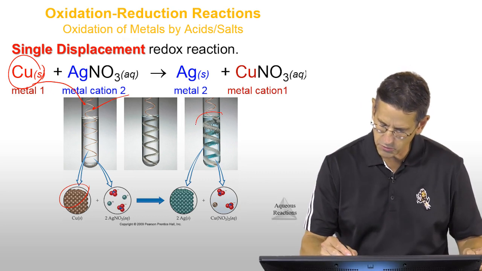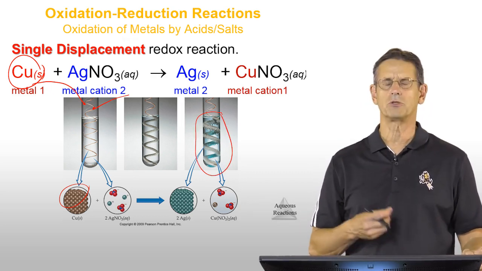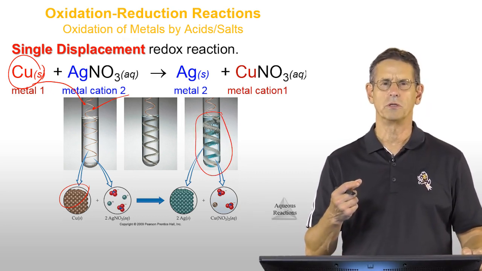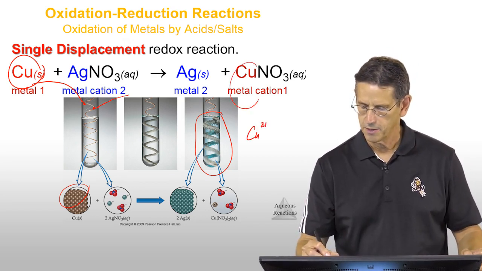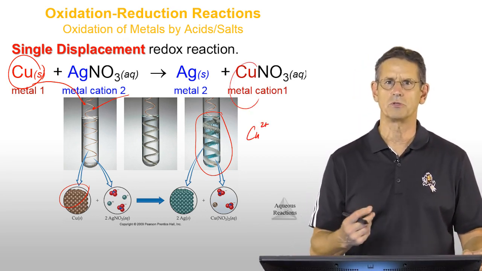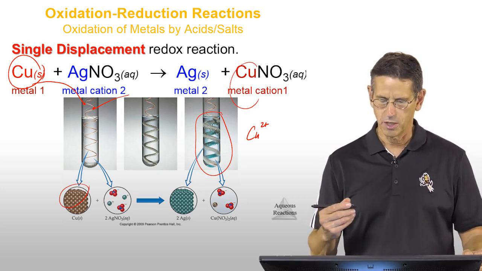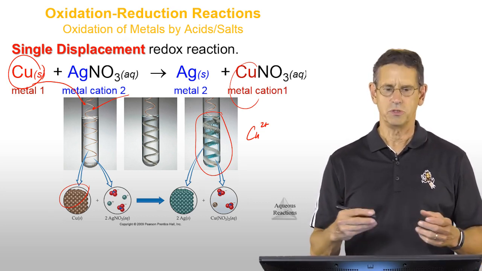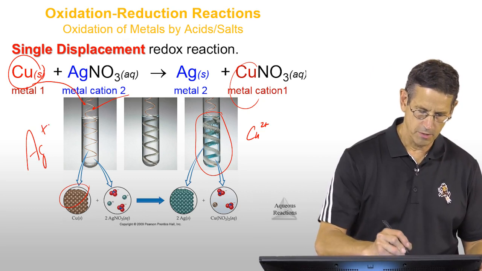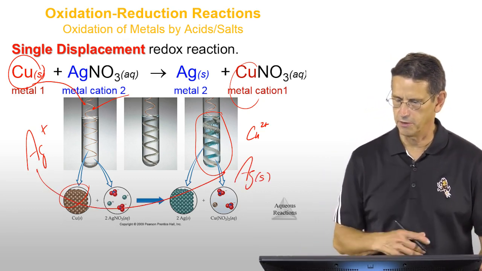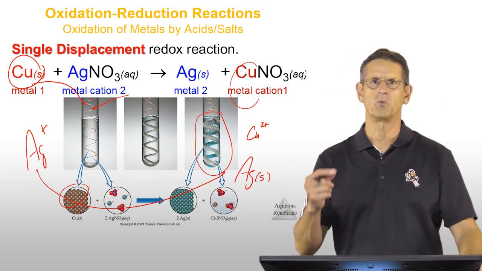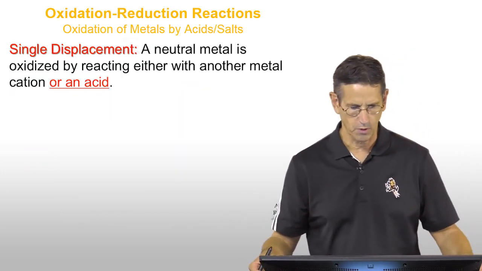And you also notice, somewhat faint, but the solution has turned a sort of light blue. And what is that from? Well, it's from the copper cation. Copper 2+ cation has a characteristic blue color. So again, we've reduced the silver cation to silver metal, and you see it plating out on the copper. Single displacement redox reaction.